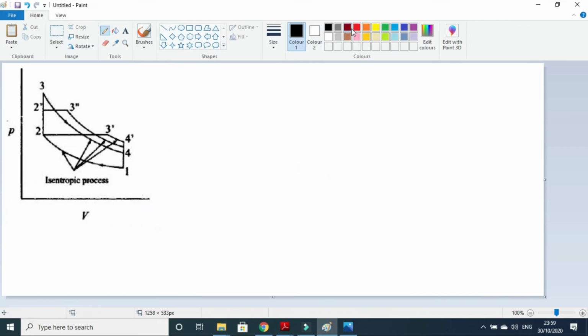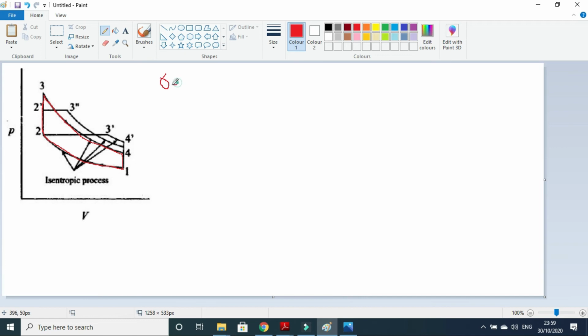You can see that 1 to 2, this is isentropic compression. 2 to 3 is constant volume heat addition. 3 to 4 isentropic expansion, and 4 to 1 is constant volume heat rejection. So this is the Otto cycle.